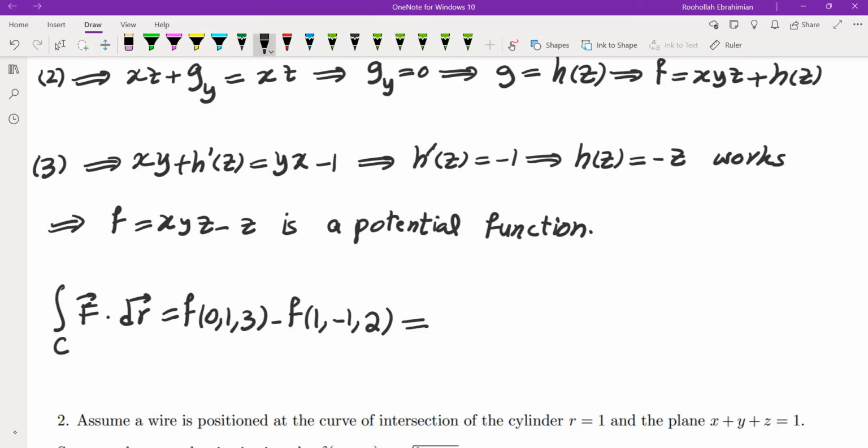So f of (0, 1, 3): 0 times 1 times 3 is 0, minus z, minus the product of all three of them, which is negative 2, minus z. So that would be negative 3 plus 4, so the answer is in fact 1.